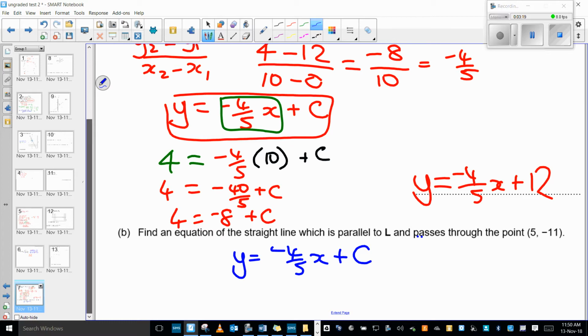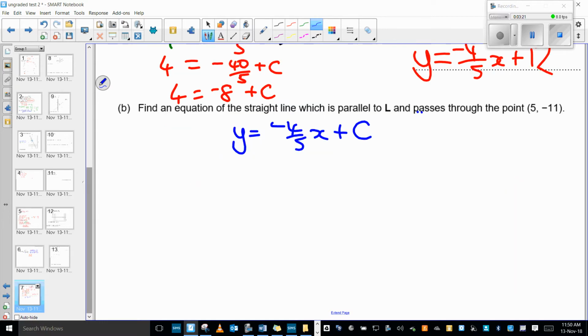Okay? Emily, what do I do now to find my c for this line? You substitute in the numbers. Yes, you substitute in the numbers. Which numbers do we substitute and where? Okay, we have our calculators, we get stressed by this, but we can do it in our heads.